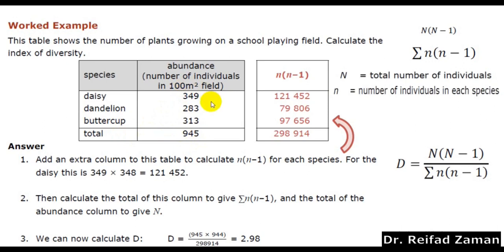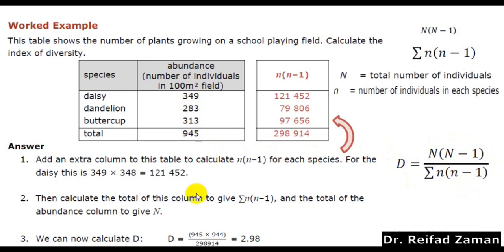So we can use all this data to calculate the Simpson's Diversity Index for flowers in this playing field using this formula. So first up, capital N, which is the total number of flowers, which is 945.